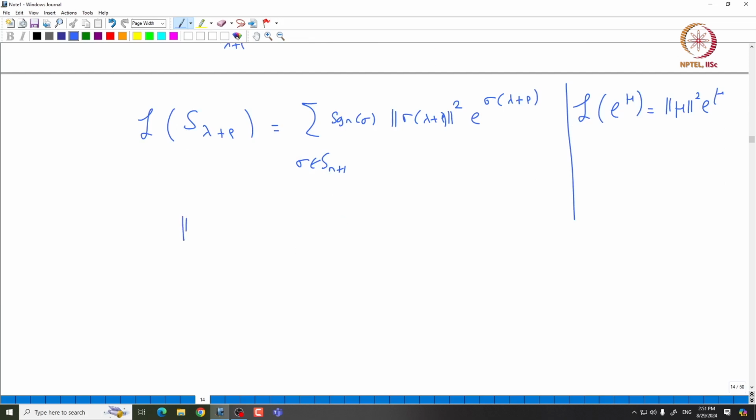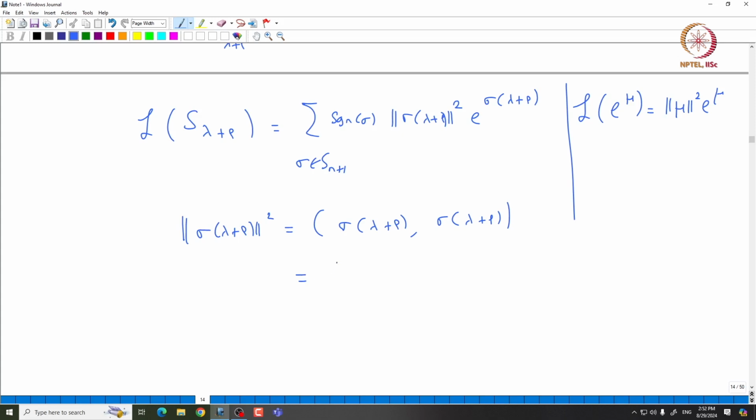But what is this norm of sigma(lambda+rho) squared? It is nothing but the inner product of sigma(lambda+rho) with sigma(lambda+rho). But the sigma is coming from the Weyl group, which is S_{n+1}. The Weyl group is generated by the simple reflections s_i, so in particular the inner product is invariant under the Weyl group action.